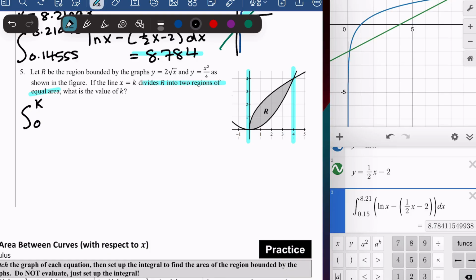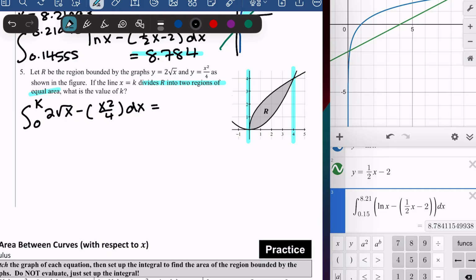Okay, then we would do the integral based on the function, so which one would be on top, so which one's first? 2 square roots of x. Good, 2 square roots of x minus x squared over 4 dx is equal to, but when we write this integral, instead of doing 0 to k, we're going to do k to 4.